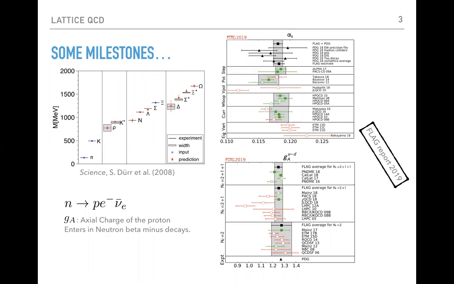There is a whole industry of groups and a lot of activities around studying lattice QCD. Over the last 40 years, it has been very successful in describing and predicting a lot of interesting aspects of QCD, which otherwise we would not know.